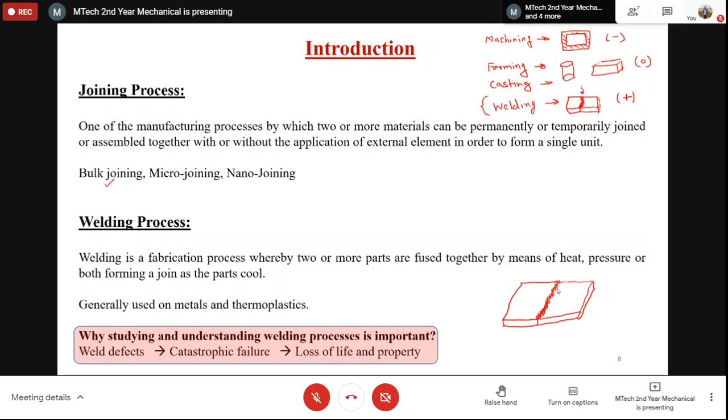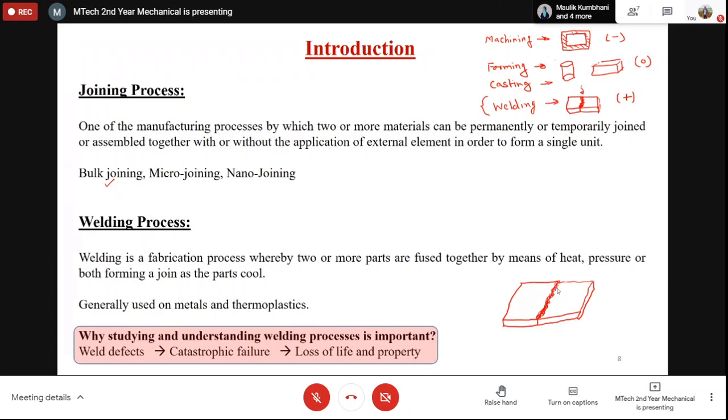If we are doing welding on boilers or pressure vessels, and a pressure vessel or boiler fails due to defects in the weld, then it can cause harm to the main power. It can be hazardous to the life of the persons who are there. It can cause loss of life, loss of money.